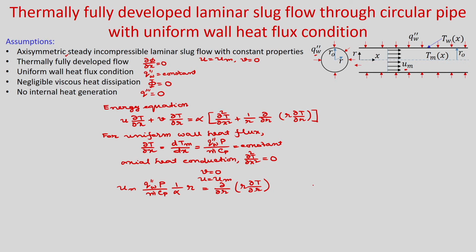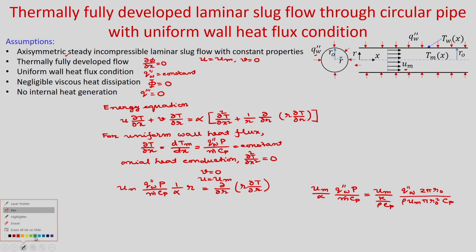So, if you put it and simplify it, what will you get? You can write u m by alpha q double prime w P by m dot Cp. Okay. So, it will be u m k by rho Cp, q double prime w P. For this particular case P is twice pi r naught, divided by mass flow rate, which is rho u m into area pi r naught square into Cp.